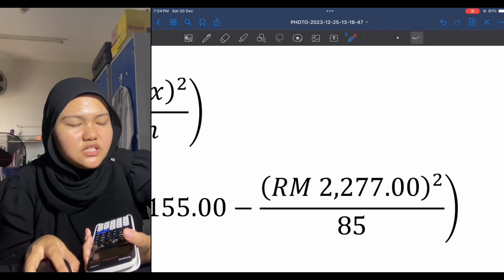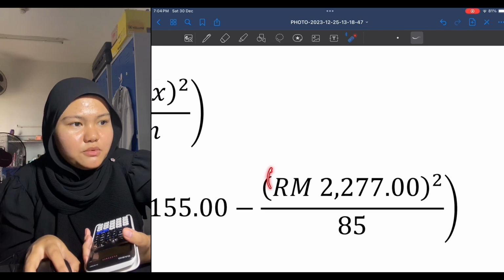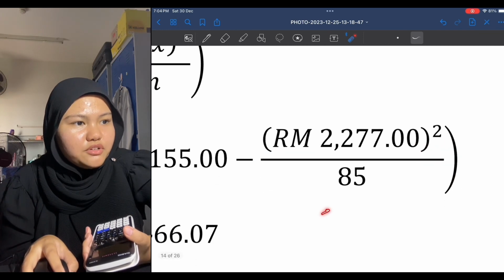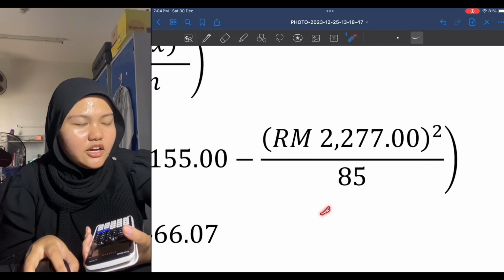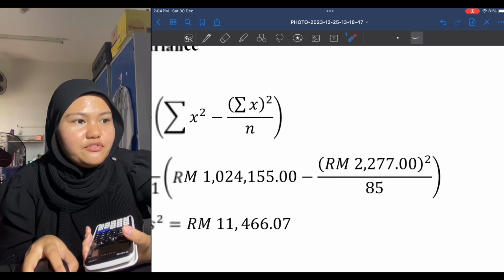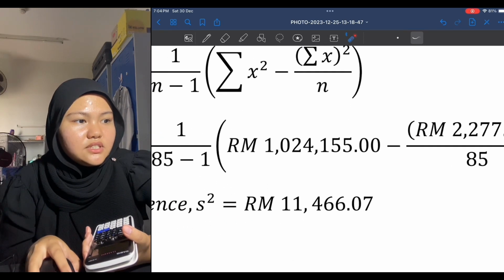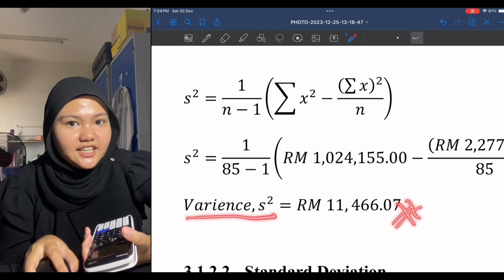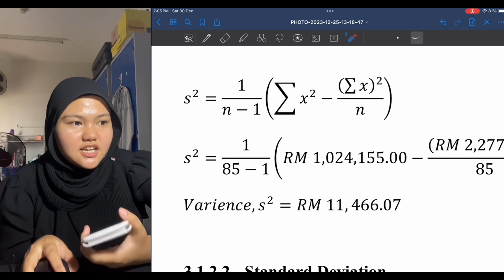And then since it has this bracket and the power of 2, we have to put the power of 2 here, and then we divide with 85, our number of samples, and we got the variance is 11,463.07.